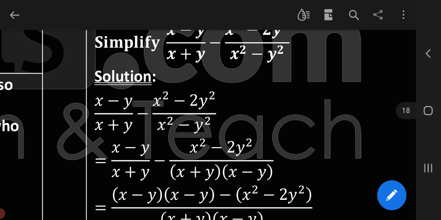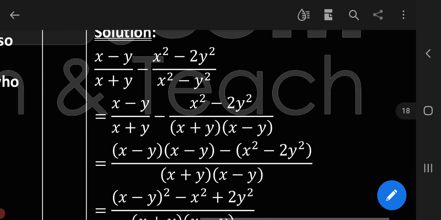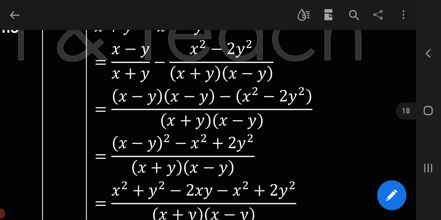So we can write it in x square minus y square form as well as x plus y into x minus y. Now the process we have to follow, because we have already found the LCM, x plus y and x minus y.